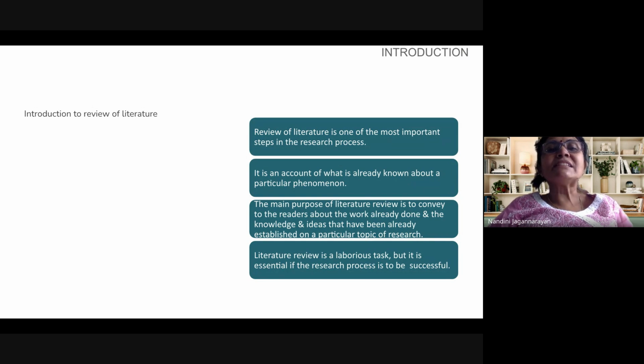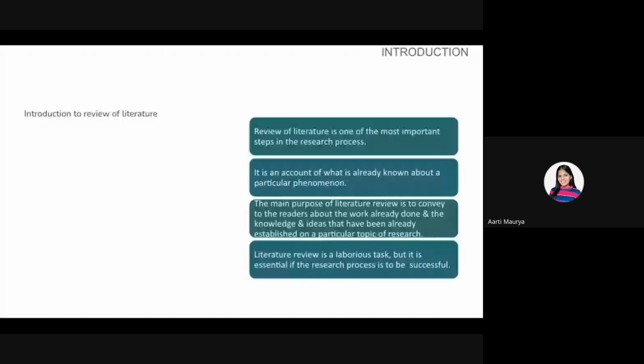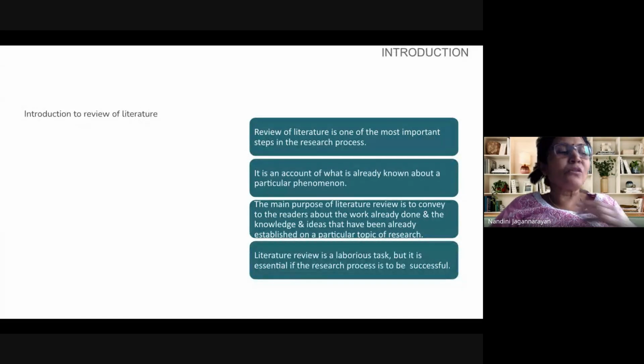Class, are you there? Understanding? Yes, ma'am. Okay, thanks a lot. So this is the research problem that I have identified. Let us see if it is specific. Is the research problem clear to you? I said mutual fund as a preferred investment avenue among the middle income group people residing in Chembur.